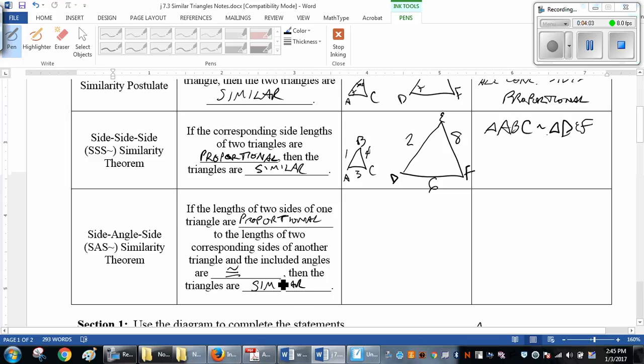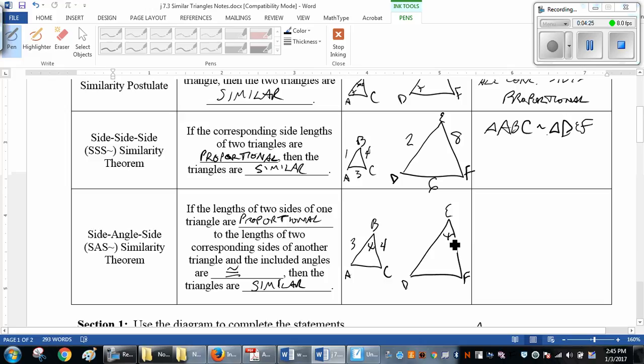All right, so we might have something like this. Let's say again we have this little triangle ABC. Let's say we have sides 3 and 4, and then we have triangle DEF. And we know that angle B, this is our included angle. Notice it's in between these two sides.